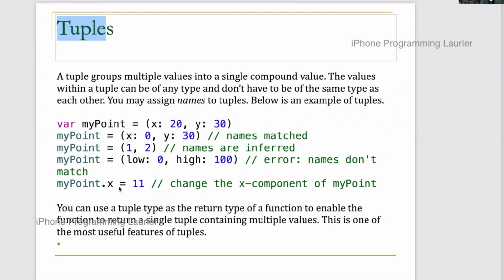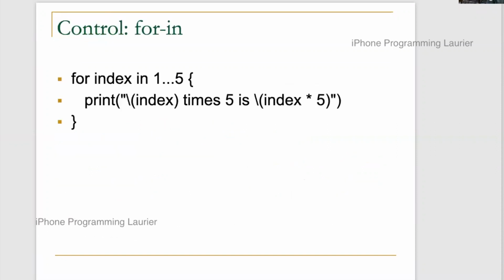And you can access by explicitly writing the name out like this. Here I'm setting 11 to the property name x of the tuple. So that's what the tuple means.